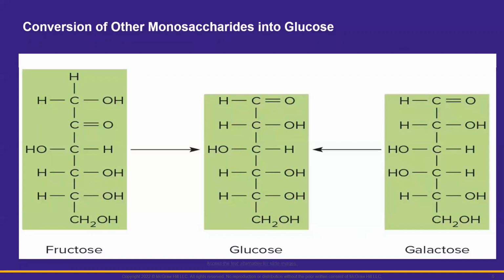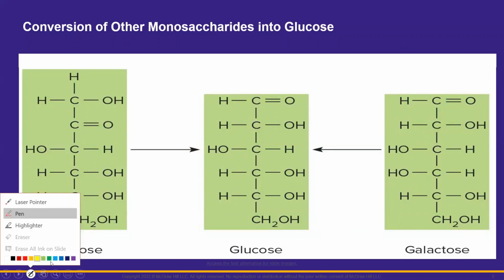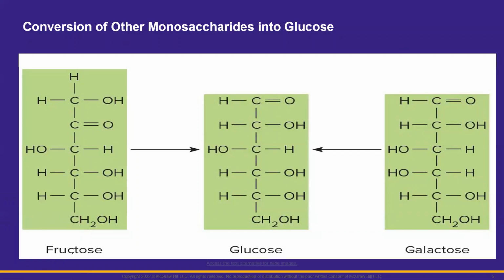This is the conversion of other monosaccharides to glucose. And just remember, for cellular respiration, the process mostly starts with glucose. The glycolysis, and then the prep reactions, and after that the citric acid cycle, and then the electron transport process. All of them will produce ATP.